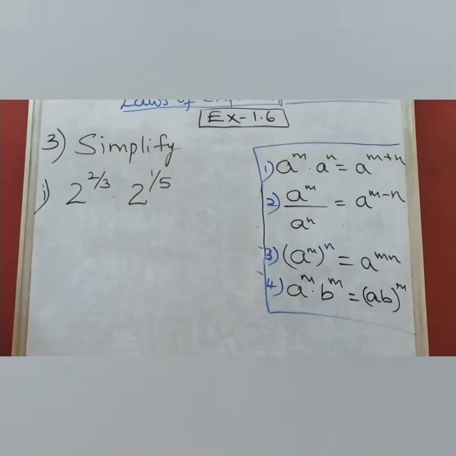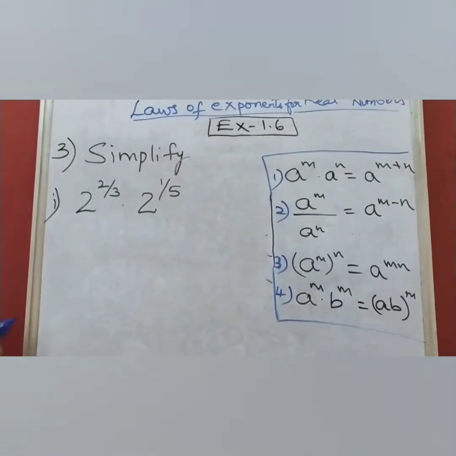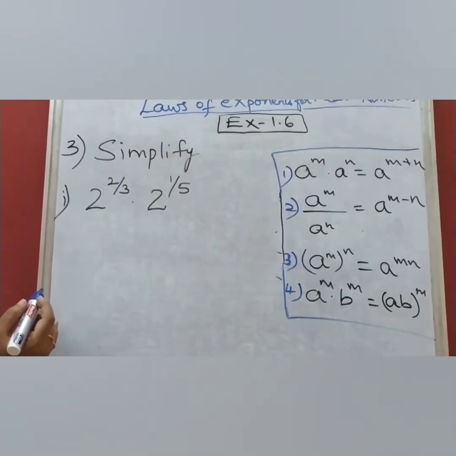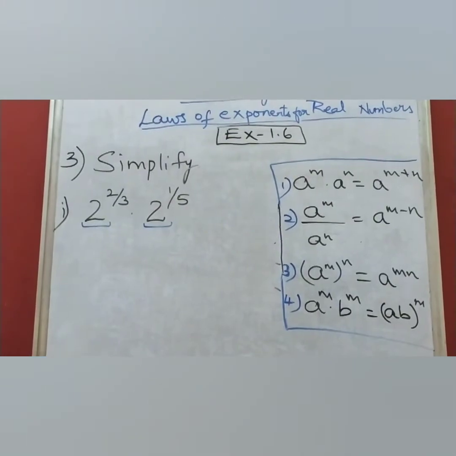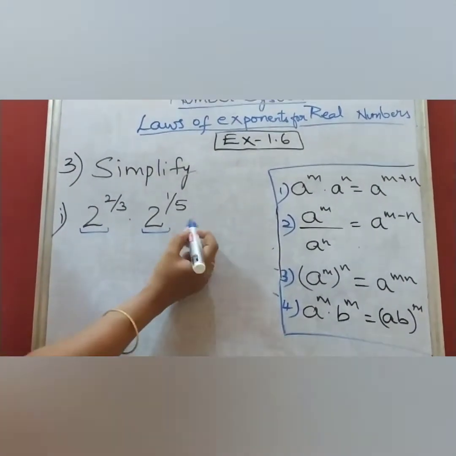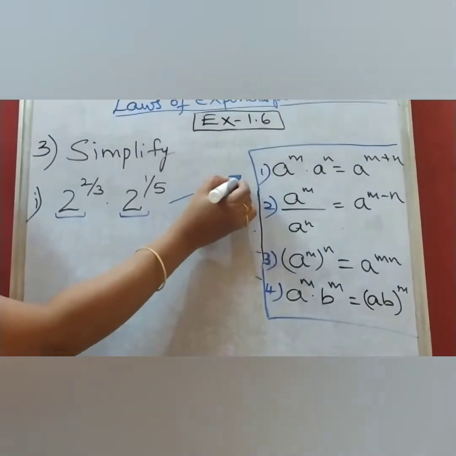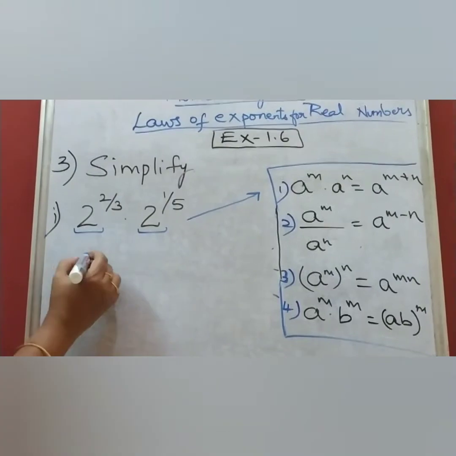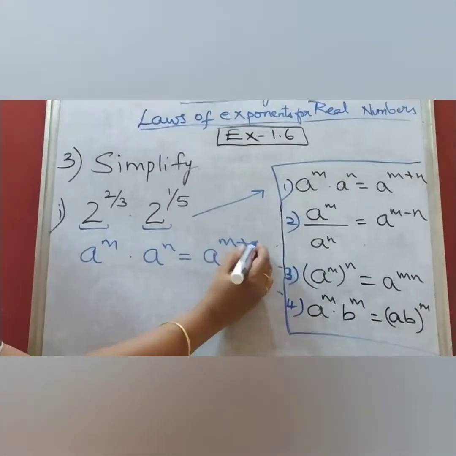Third main says simplify. Now you see here 2 is the same. This is called the base. Base is the same, powers are different. So which formula can I use from here? I can use this formula: a power m into a power n is equal to a power m plus n.